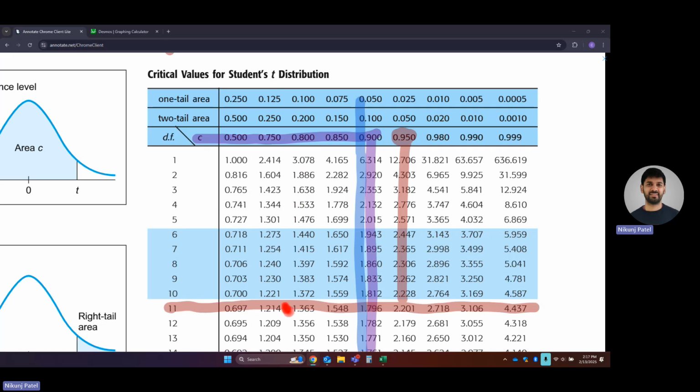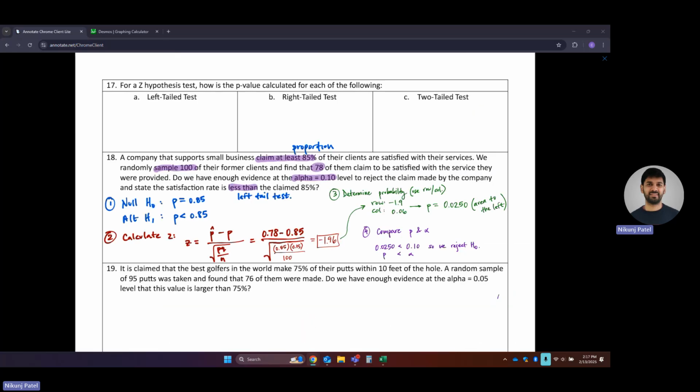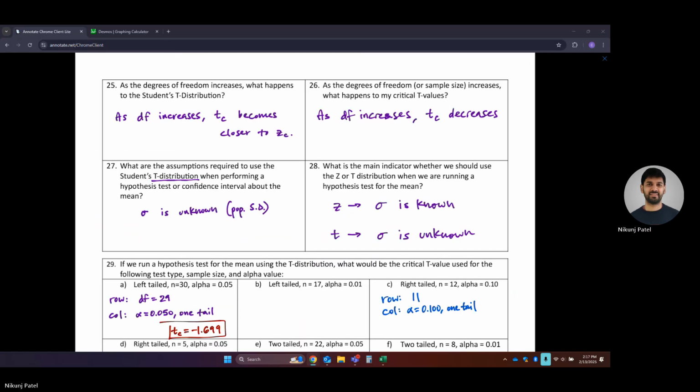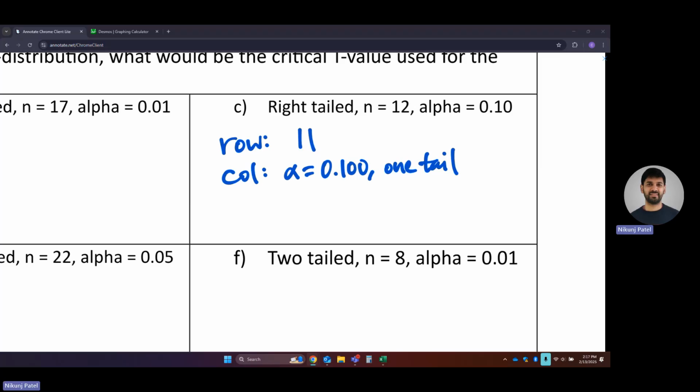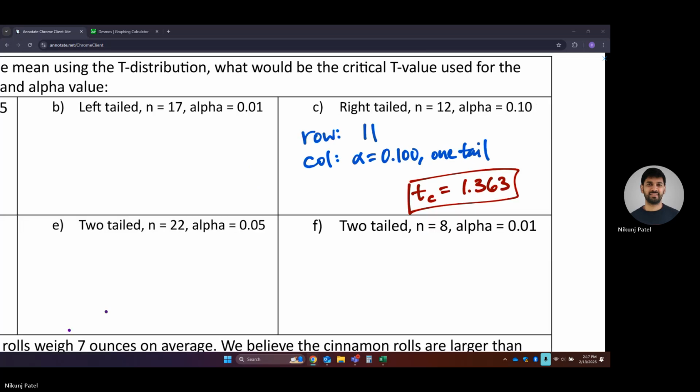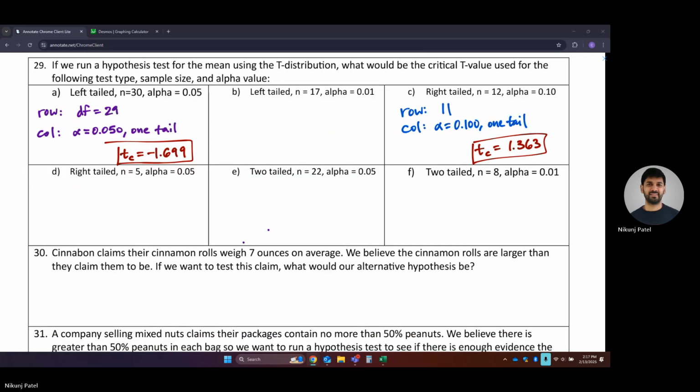Going down to row 11, which is already highlighted, 1.363 is where we would end up. So t critical equals 1.363. There you go. So that's a right tail. We don't need a negative, it's on the right side. Same thing for part D, so you can practice that.